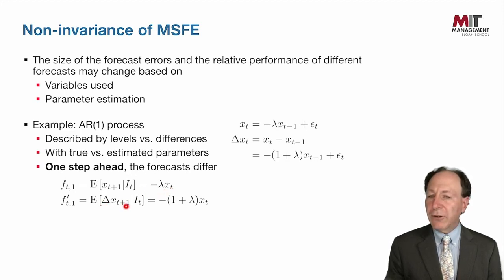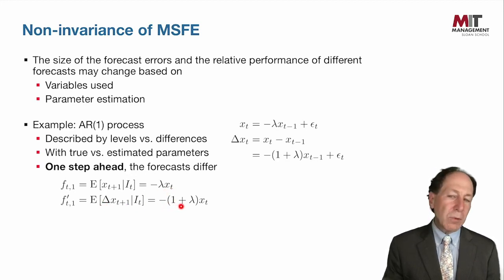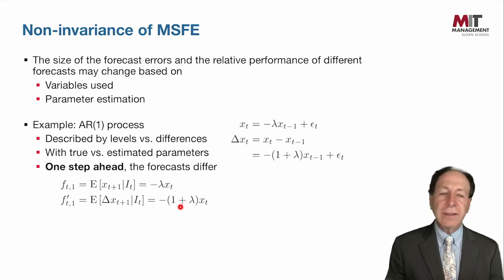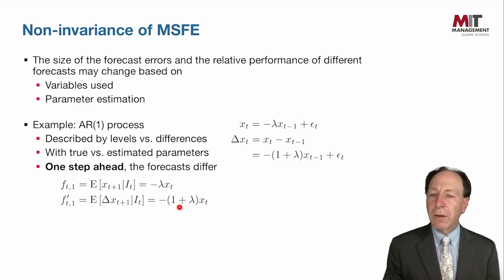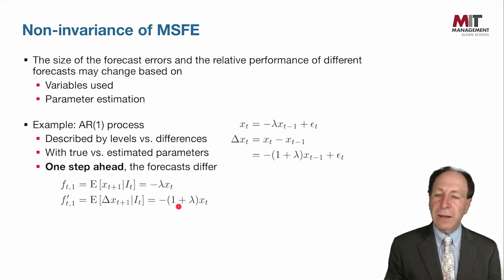And for our delta, we get minus 1 times 1 plus lambda x_t. But that's not surprising. They're different variables. We would expect the forecast quantities to differ. And I've denoted the delta one with a prime. So f prime is for the differences, f is for the levels themselves.